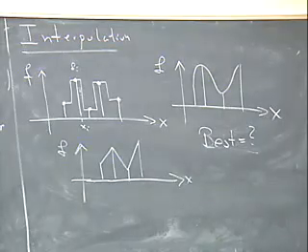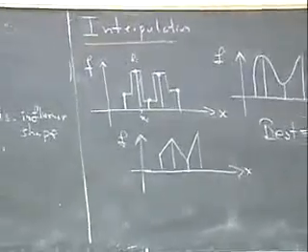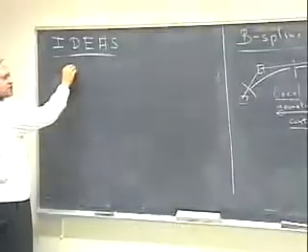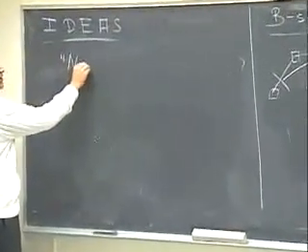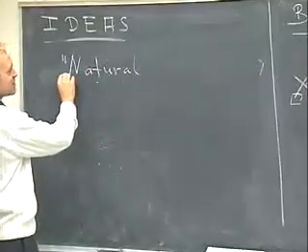The best is what? Since we have physicists in the class, they always are concerned with energy and minimizing energy. So, just as a side note, there is something called a natural spline, and nature is doing it this way. So therefore it must be best, right? Or at least energy minimizing.